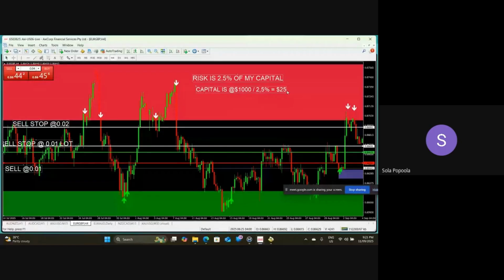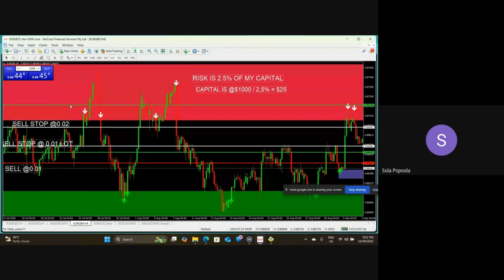So let's come to this point here. All these sells are in serious drawdown, and by the time it gets to this place, it becomes negative $25 total drawdown. Do you know what will happen?